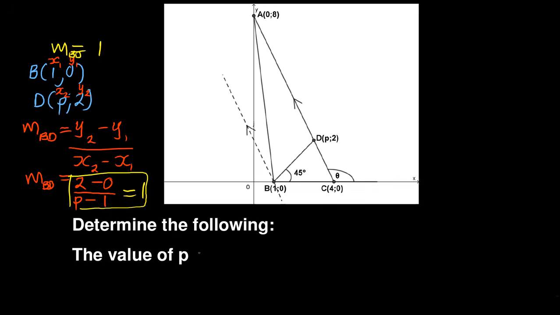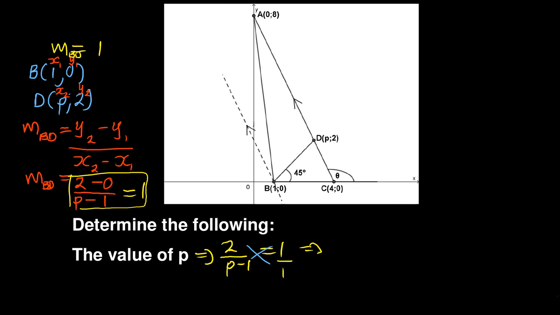So if I solve it now, I'll be having 2 over (P minus 1) is equal to 1. And it's a matter now of solving for P. This is over 1. I can cross multiply like that, so that I have 1 times (P minus 1).